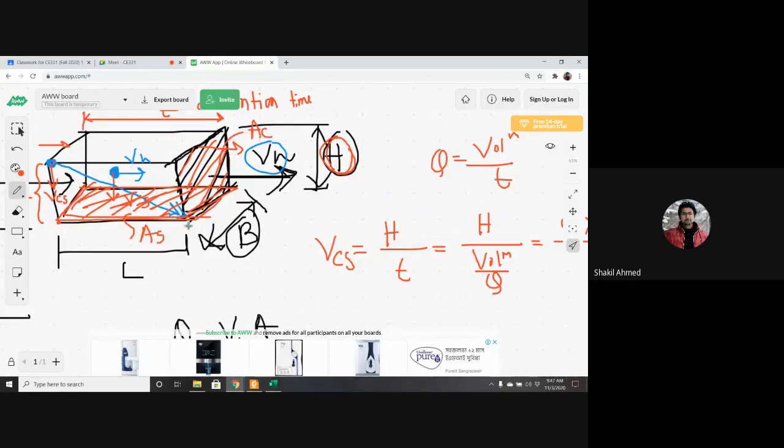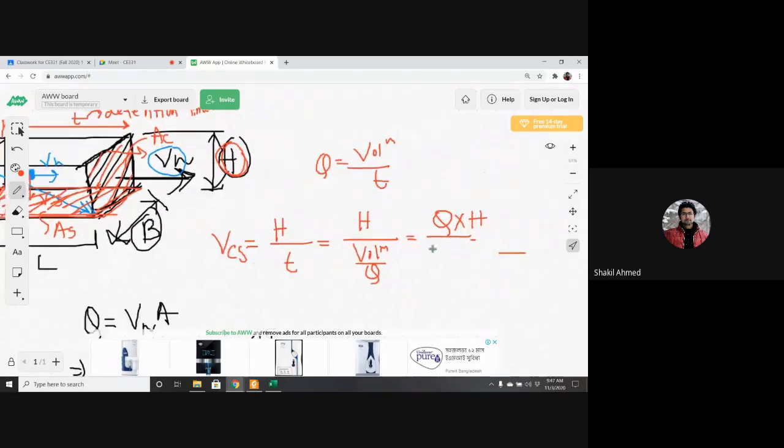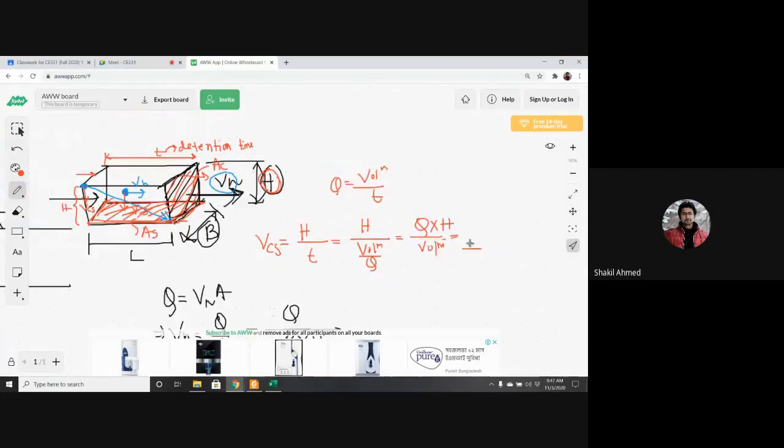So volume equals surface area into height. Q into H over volume: H gets cancelled out.